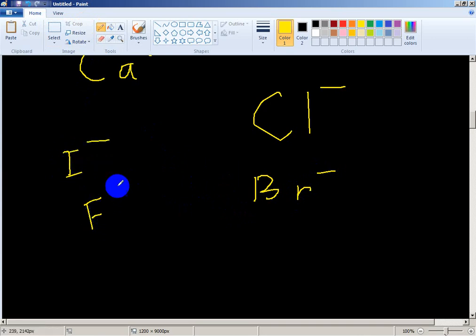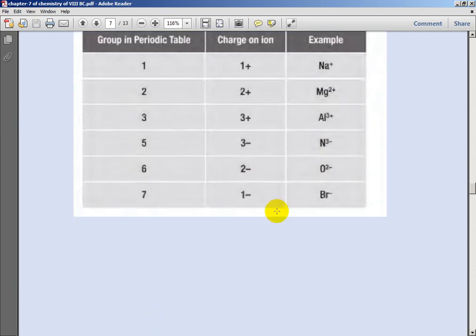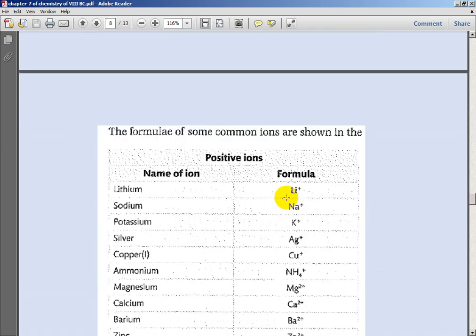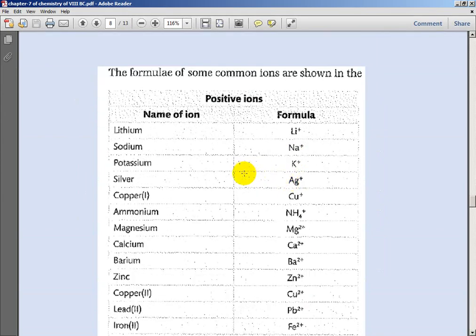Okay, now we'll go on to the next topic. You remember these charges of some metals and non-metals and their formulas.